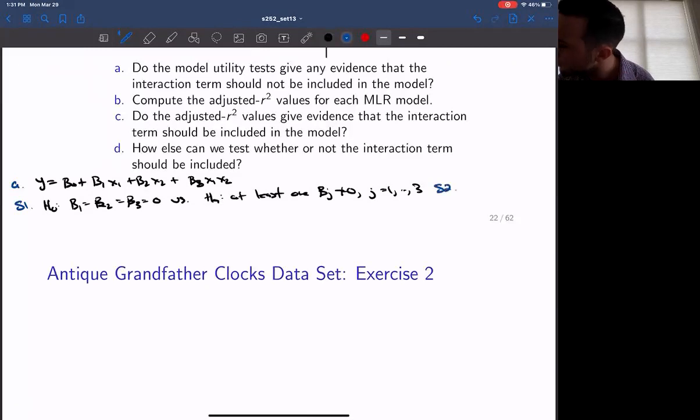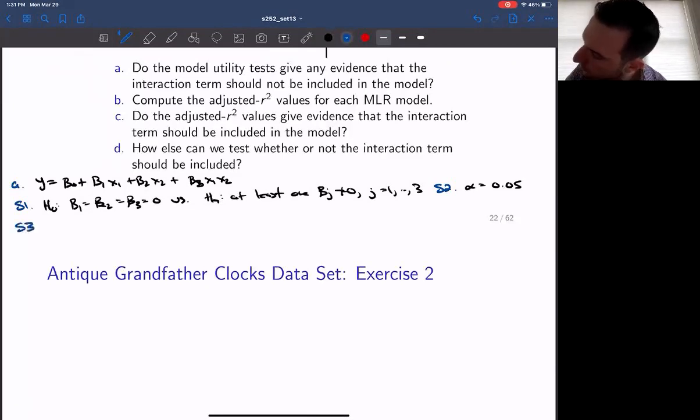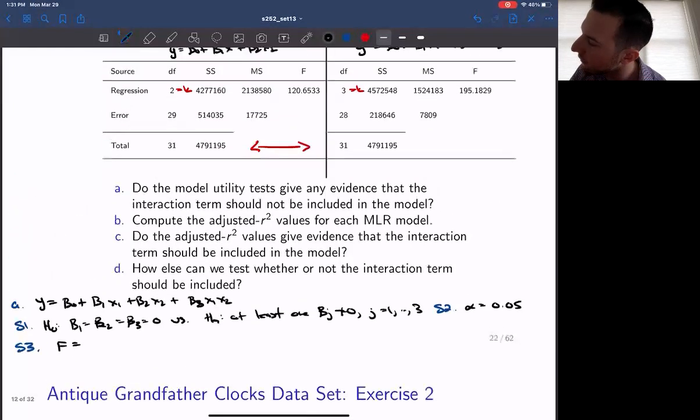On step 2, we can just test at the 5% significance level. On step 3, we have an F value of 195.1829.